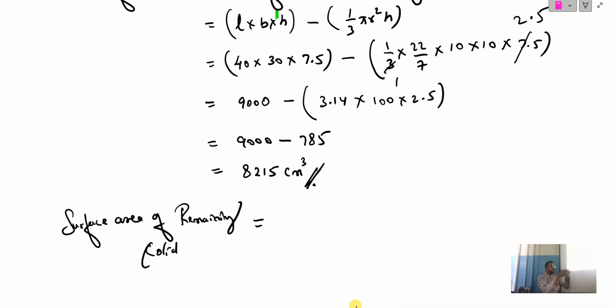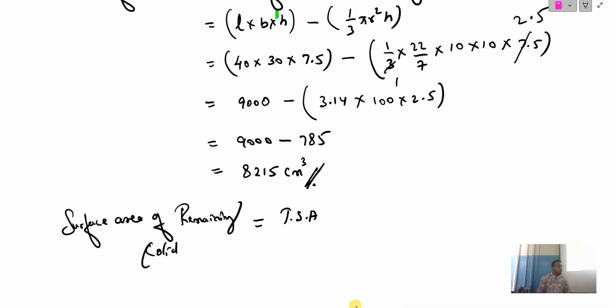What do I need to do? We need to subtract. No, we need to add. Surface area means we are adding. See here, in this total cuboid, what are we doing? We are adding.